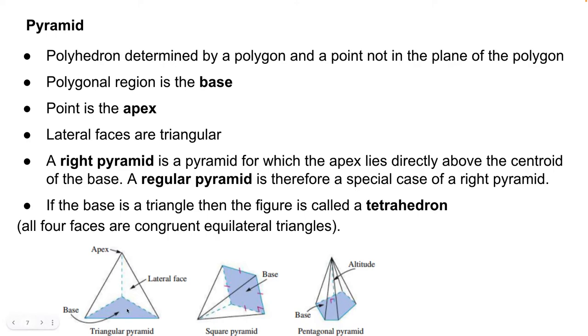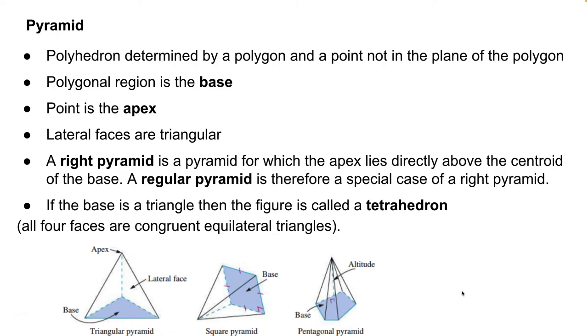If the base is a triangle, like a triangular pyramid, it has a special name, tetrahedron. Tetra means four, hedron means faces, so this one has four faces, right? A regular tetrahedron has all faces congruent, and all of the triangular faces, the lateral faces and the base, are equilateral triangles.